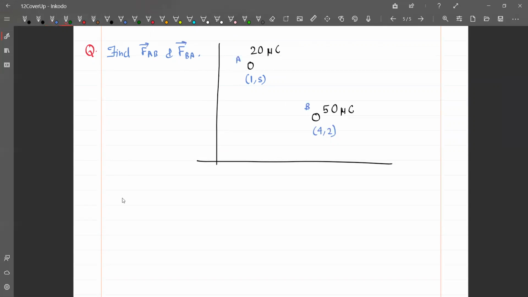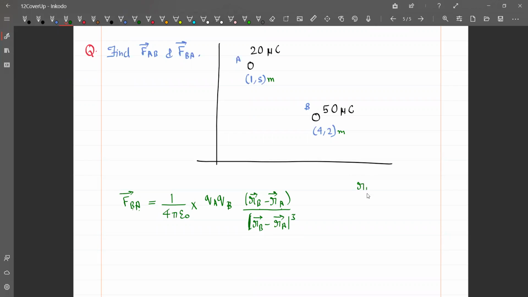So to do this, I'll first write force on B due to A. That will be equal to 1 by 4 pi epsilon naught Q1 Q2, that is QA into QB. And here the formula will be position vector of B minus position vector of A, divided by, suppose this is given in meters, mod of RB vector minus RA vector whole cube.